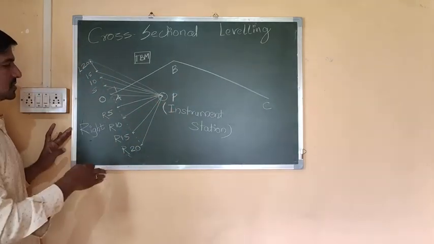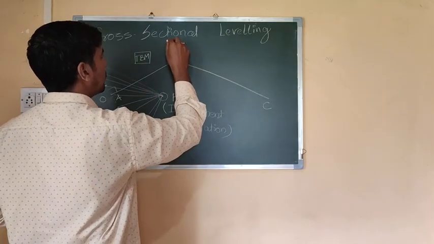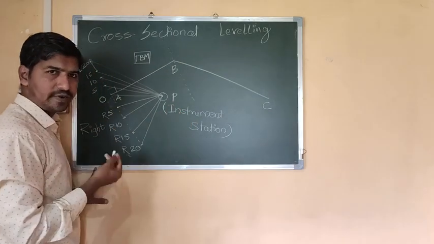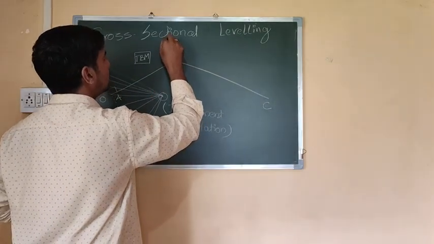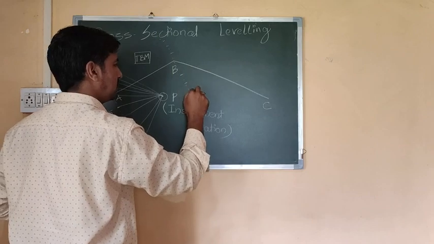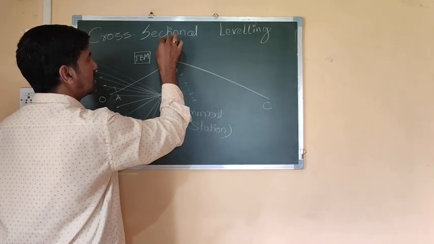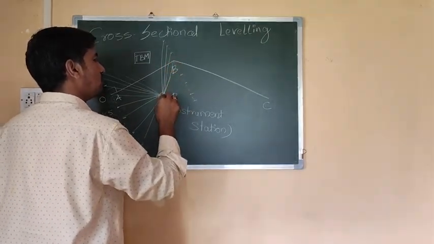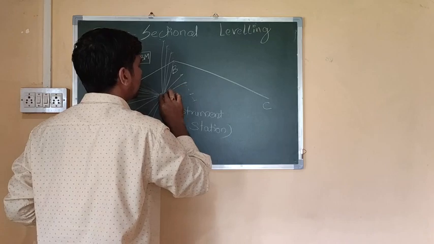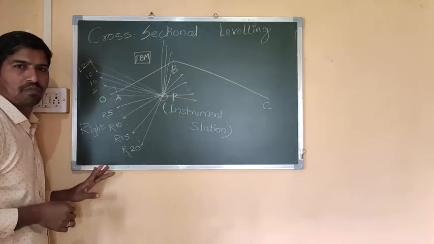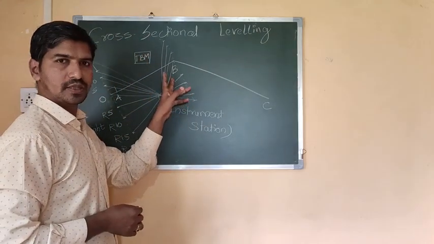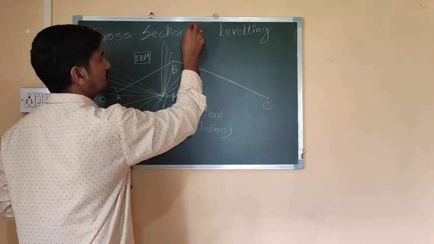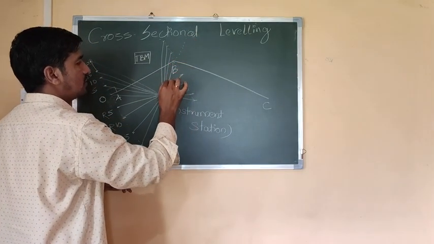The first section, I have taken the levels. Suppose at point B again we have to take some levels. I will divide it equally into 5 meter, 10, 15 and 20, and again take the levels. Now at point B the alignment changes, so we have to take the cross section perpendicular to the alignment.